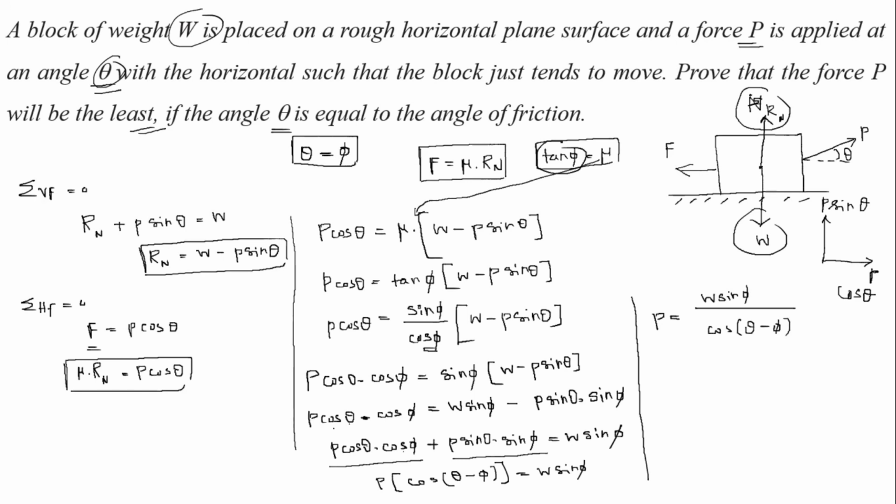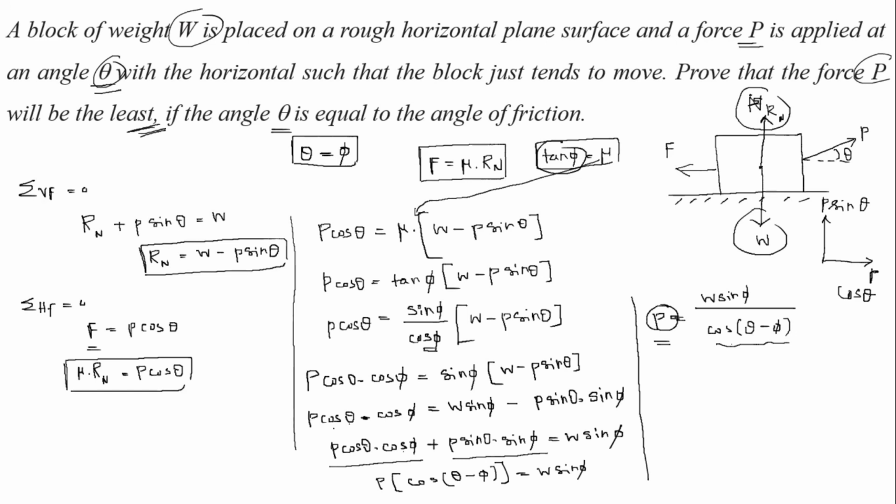Here, in the problem they said to prove that P will be the least, right. If P is the least, then what is the value of cos(theta minus phi)? It is the maximum value.